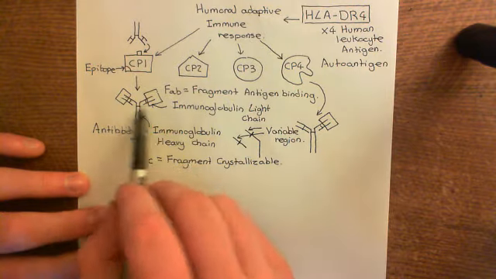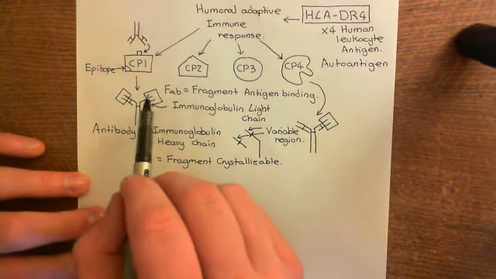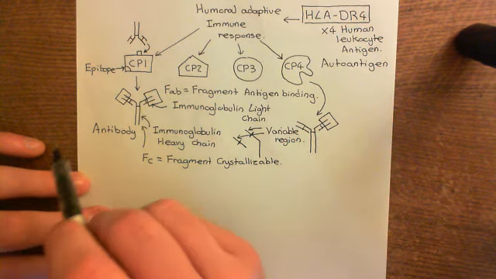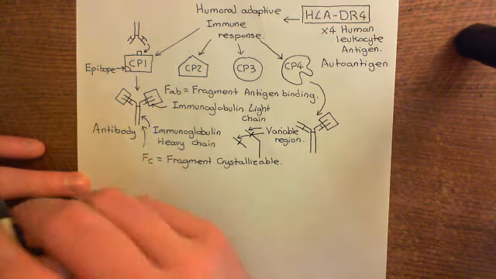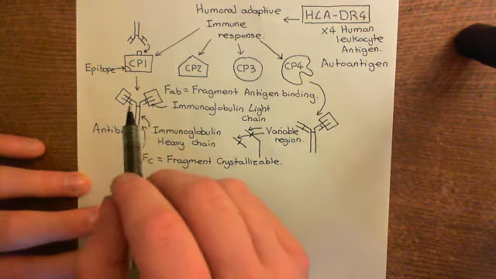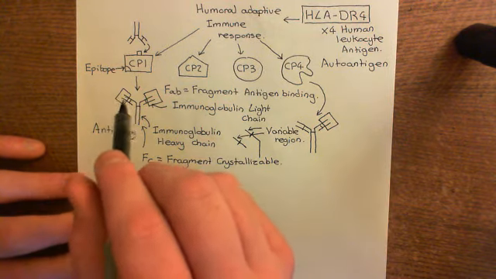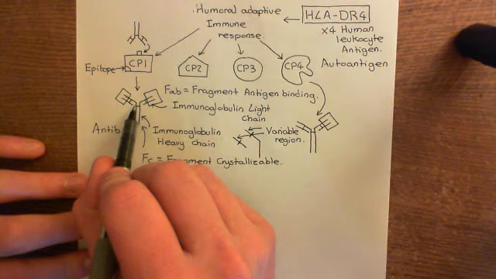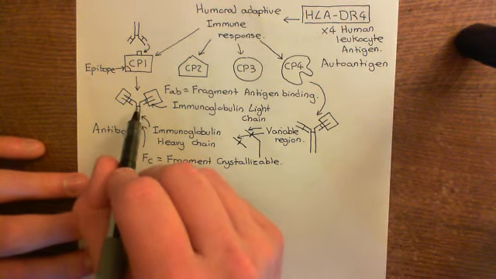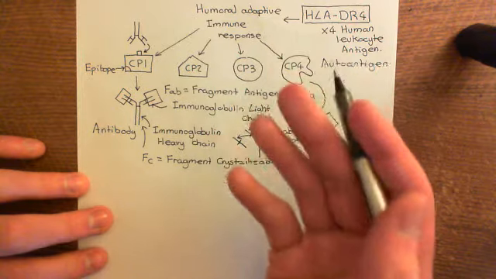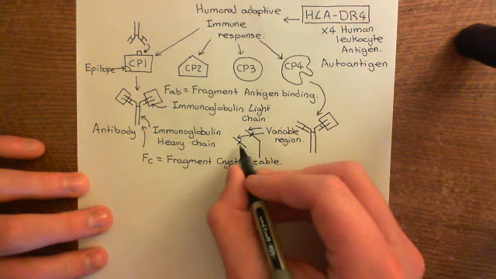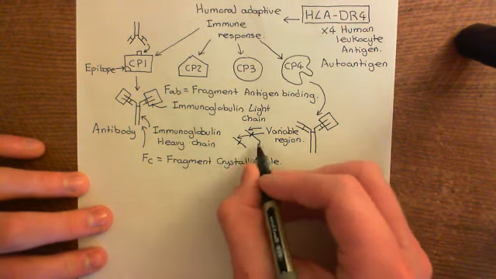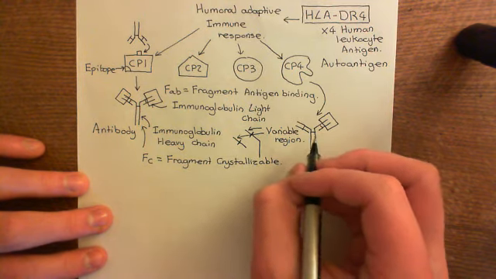Now, of course, you will produce loads of copies of a single antibody that has a certain antigen binding site, but you'll also produce many different antibodies that could be targeted against different epitopes of the protein. So it's not as though, you know, if I sample your blood, you're only going to have one molecule of each antibody in. No, you'll have loads of copies of this one, but you'll also potentially have loads of copies of this one. Okay, so the variable regions of the immunoglobulin heavy chain and the immunoglobulin light chain, those are what will vary between antibodies produced by different B cells, basically.